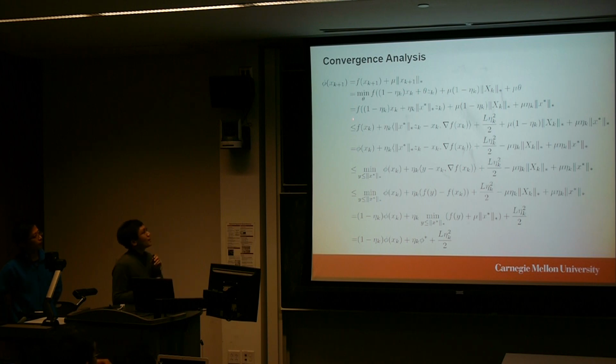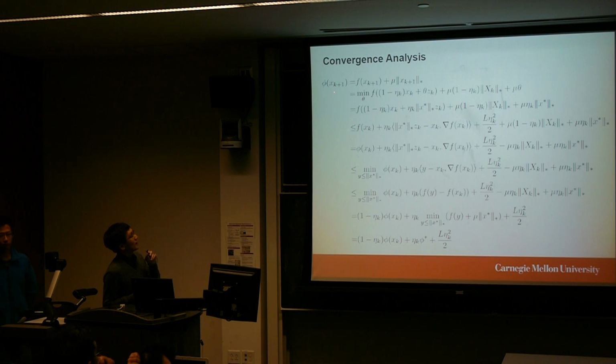So the first term is the objective function at x k plus 1. And in the algorithm, we know that this is nothing but minimizing over theta. Okay, this should be smaller or equal to, because this is the minimum, we can just replace theta with any value here.